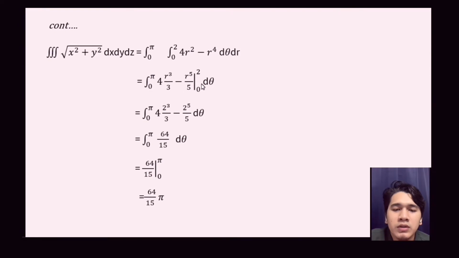So we substitute the value 2 into r, we get 4 multiplied by 2 to the power of 3 divided by 3 minus 2 to the power of 5 divided by 5 d theta, and we get the value 64 divided by 15 d theta from limit 0 to pi. We integrate this with respect to theta, and we get 64 divided by 15 theta from limit 0 to pi, and we substitute the limits and we get this answer.